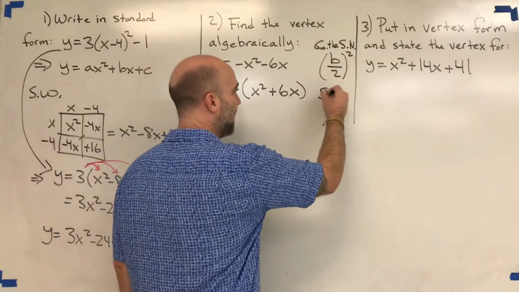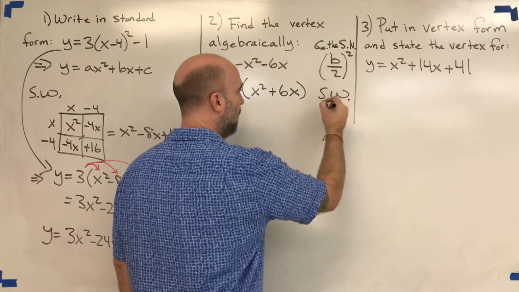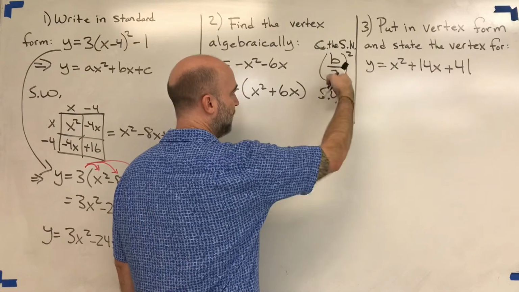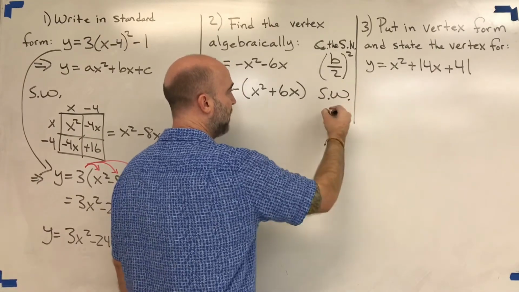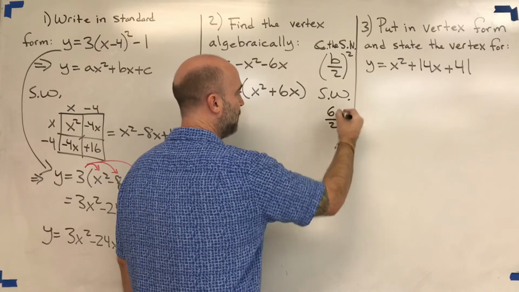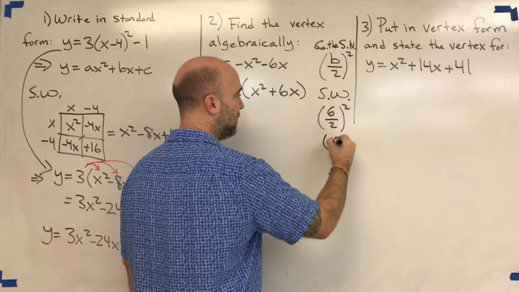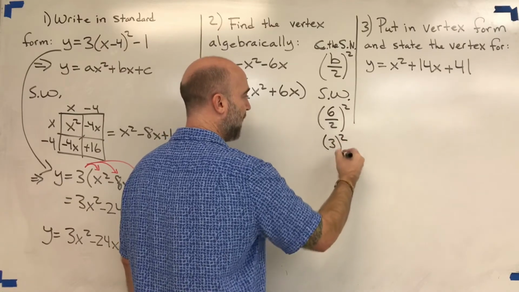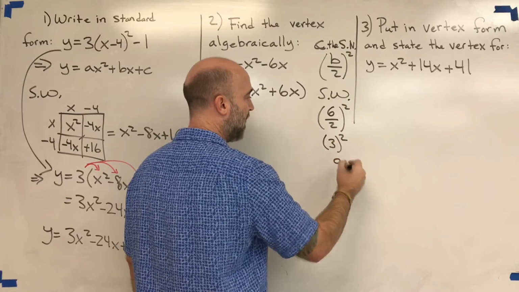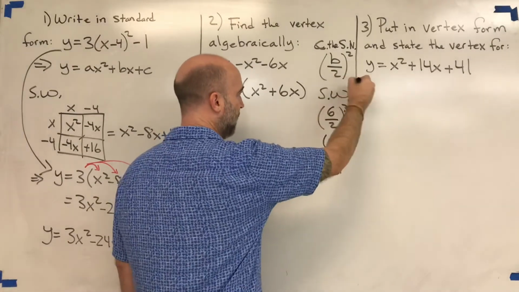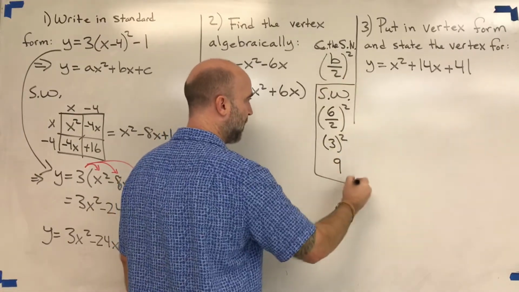I'll go ahead and do some side work again. So my side work is going off of this complete the square number. 6 over 2 quantity squared turns into 3 squared, and that turns into 9. So this is my complete the square number right here.